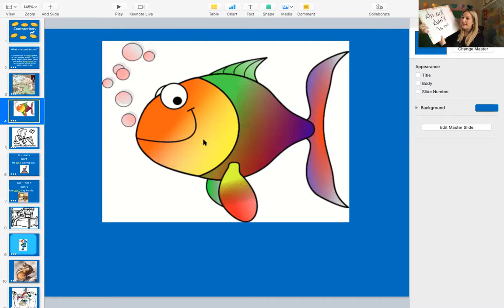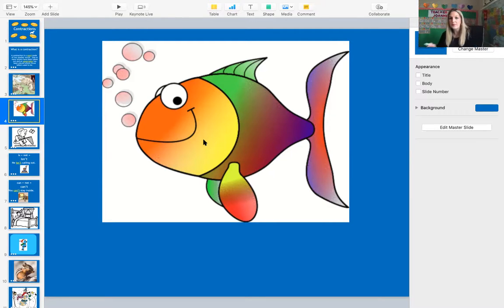And we do that by writing is, taking out the O, putting an apostrophe, and putting a T. Isn't. Red, orange, yellow, green, blue, purple, violet. Yes, there are many colors. So this fish isn't just one color. It's a lot of colors.